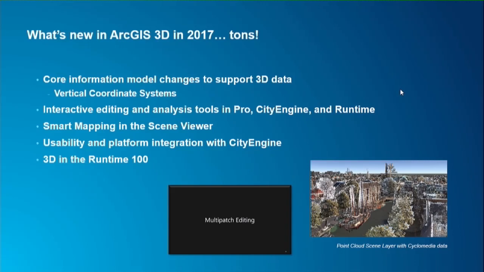And that's very important because, if you are a surveyor and you're measuring something, you're measuring in a gravimetric model where your head is pointed not exactly directly away from the center of the Earth, but if you're cooking 3D content from satellite imagery, up is directly away from the center of the Earth. So we needed to give our users ways to combine those data so that they do occur at the correct location together. And so we introduced a platform-wide vertical coordinate system concept, and it's a critical part of supporting accurate 3D.